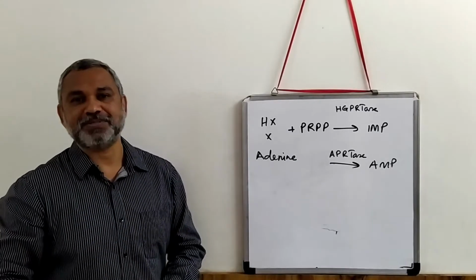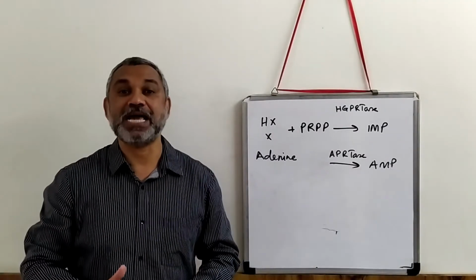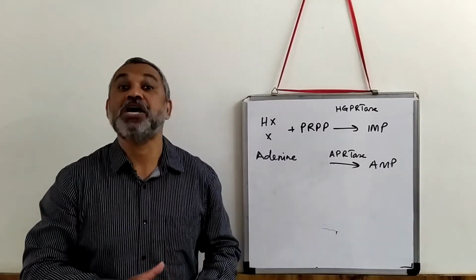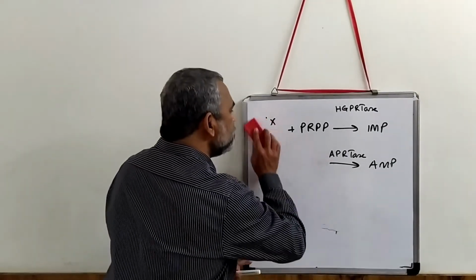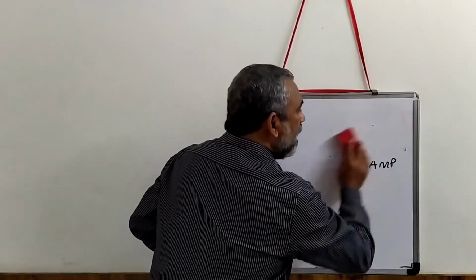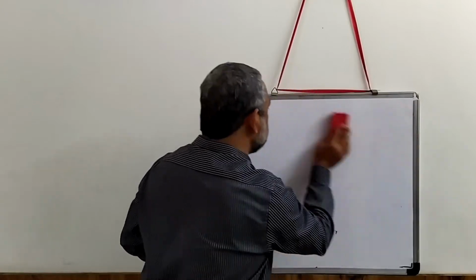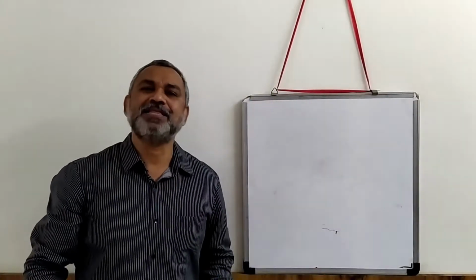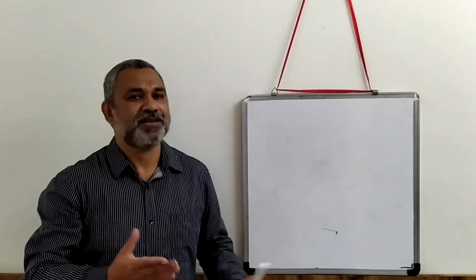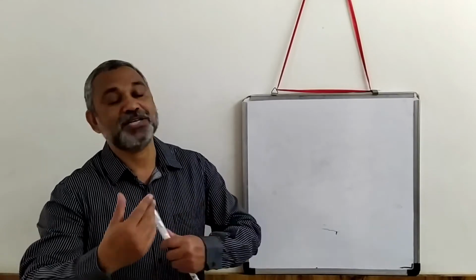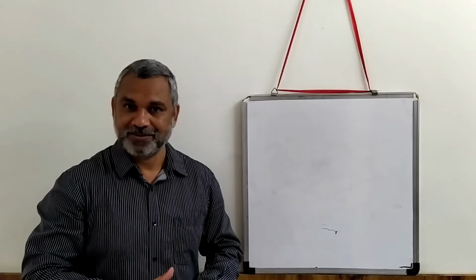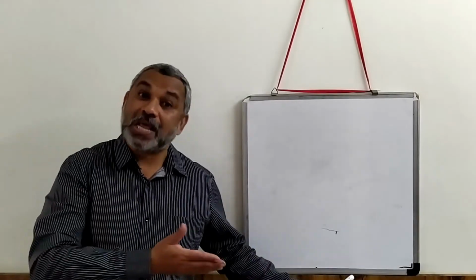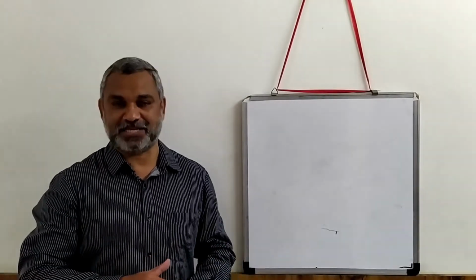Now the question comes: if we have to synthesize deoxynucleotides, how do we make them? Understand that deoxynucleotides are not in abundance in a cell. They are synthesized in two situations. Number 1, when a cell has to synthesize DNA, or replicate, or a cell has to undergo a repair mechanism.